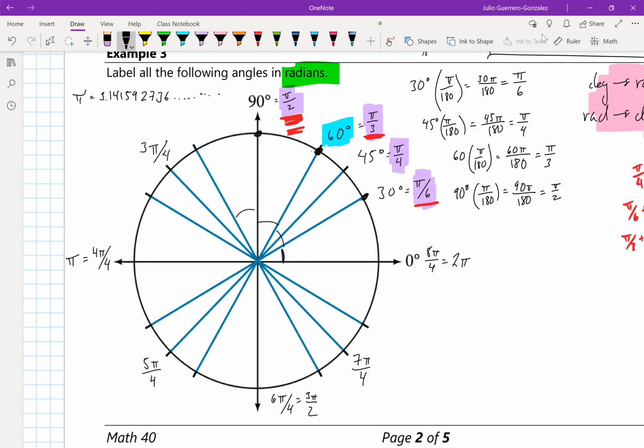Another 30 degrees here is 4 pi over 6. 5 pi over 6. So from here to here, it's another pi over 6, another pi over 6, another pi over 6, which is how it's supposed to work out, right? So this actually reduces to pi as well again.